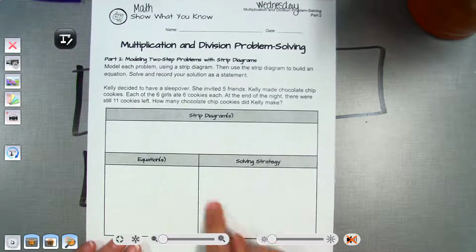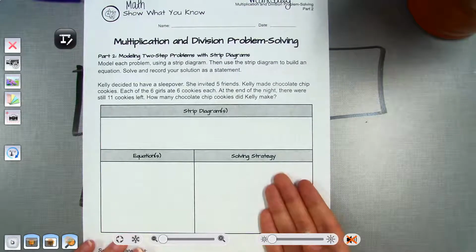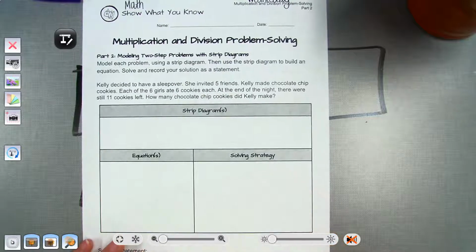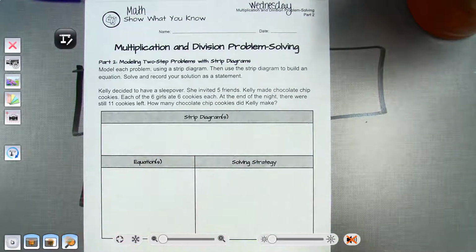Guys, the solving strategy is if you need to draw the picture, draw the picture. If you don't need to draw the picture, that's fine. It's just there to help you solve it and draw it out. Make sure that you are taking it apart. If you need to do the color coding that I just did, you can do that to help you. Okay, so you have the front and the back. All right, guys.